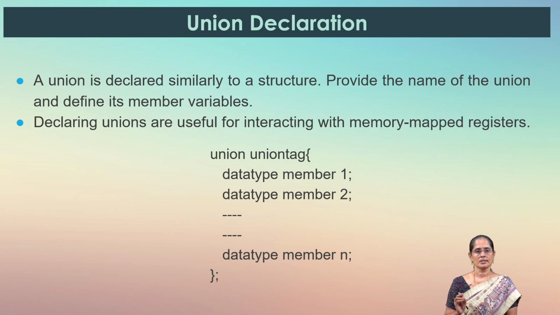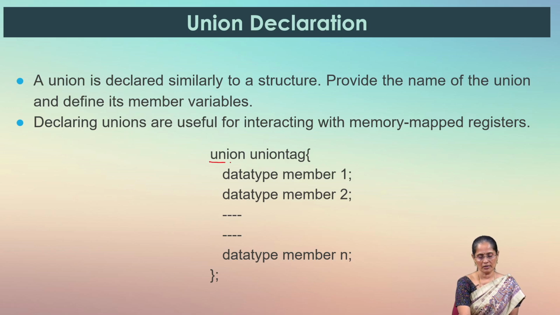Now, union declaration. We will now learn in depth about union, and practically how we will be able to use it in implementation. A union is declared similar to structures. Similar to structure, provide the name of the union and define its member variables. So, what I do?